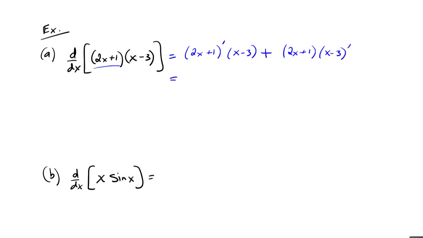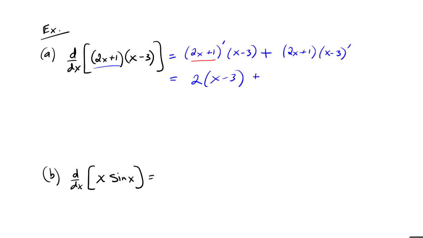All right, so let's actually do those derivatives. Well, the derivative of 2x plus 1 is just the derivative of 2x, which is 2. The derivative of plus 1 is 0, so it's just 2. And then I have times x minus 3 as it is.